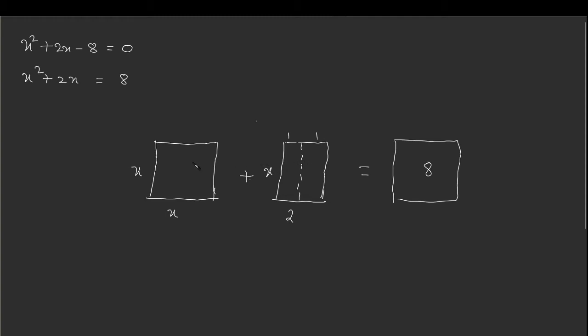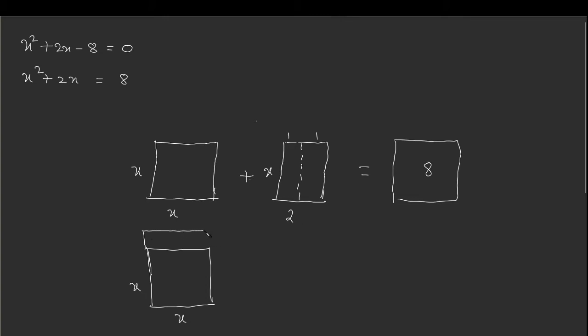Right. Now I will combine both the shapes, the square and rectangular. So I will combine in particular manner. I will redraw the square here. This has x units and this has x units. And I will add the first part above the square.